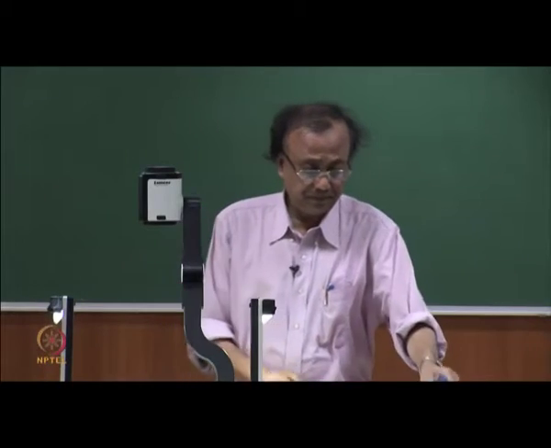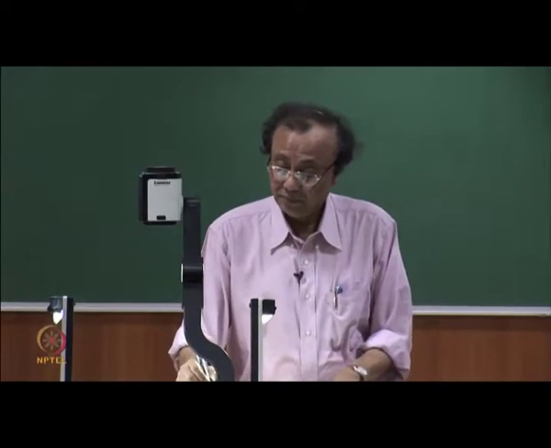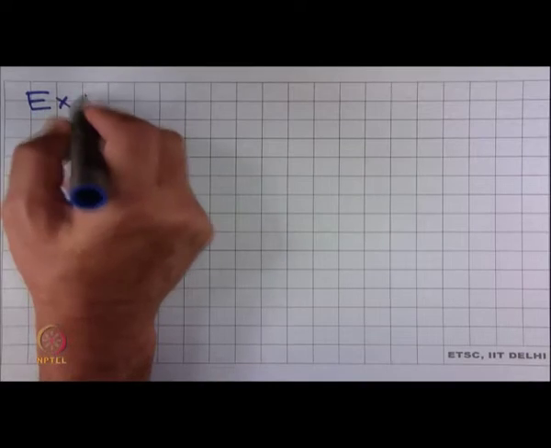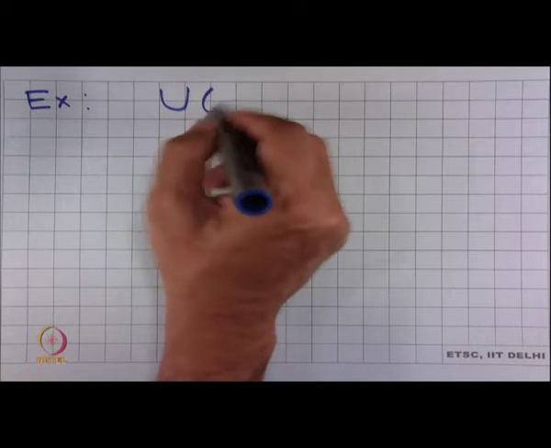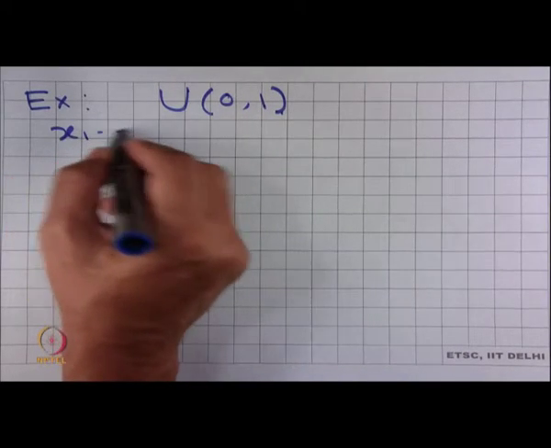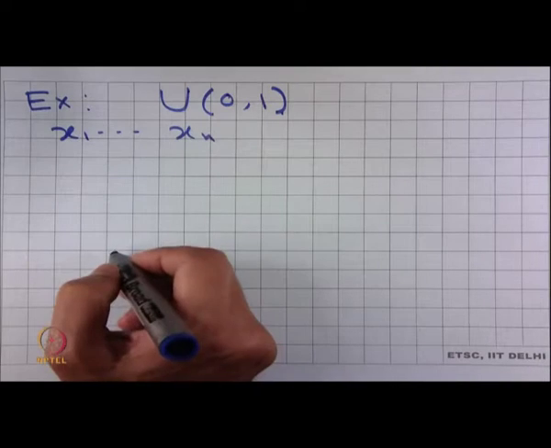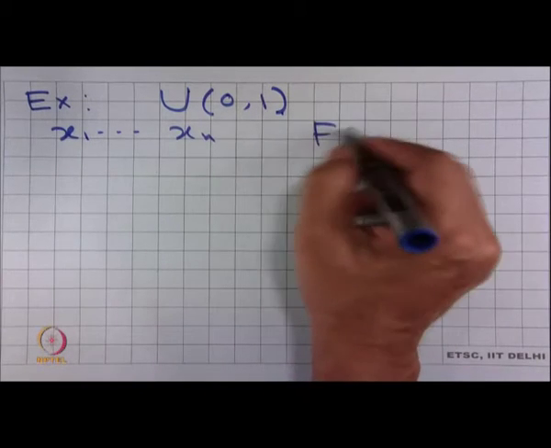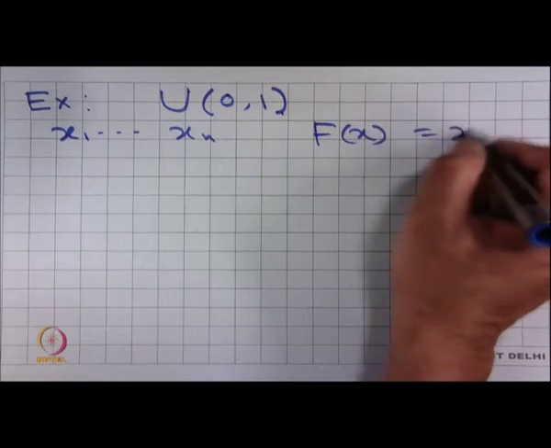So, for example, as I said, I will take uniform 0 1, n samples. F x is equal to x.